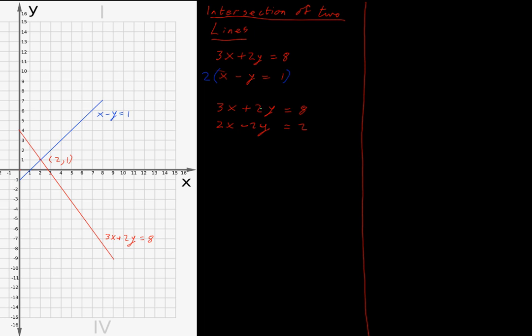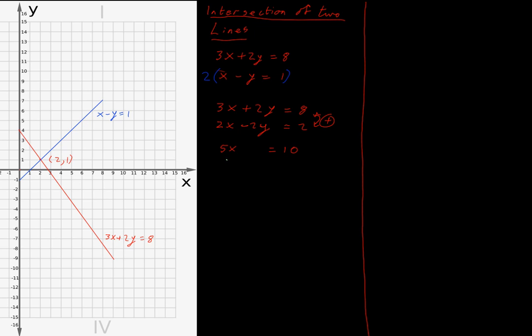When I do that, if I go back to what I wanted to do originally, add my two equations together, I have 3x plus 2x is 5x, plus 2y minus 2y adds up to 0y. So I have no y's now in this new equation that I get from adding my two equations together, and I have 8 plus 2 is going to be 10.